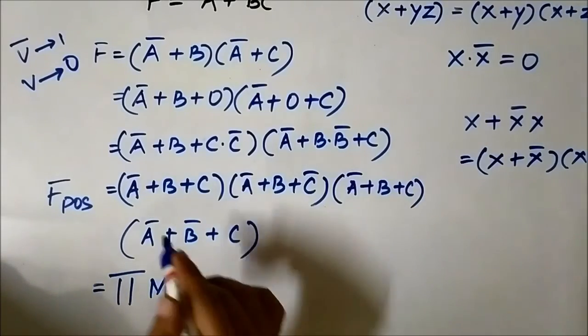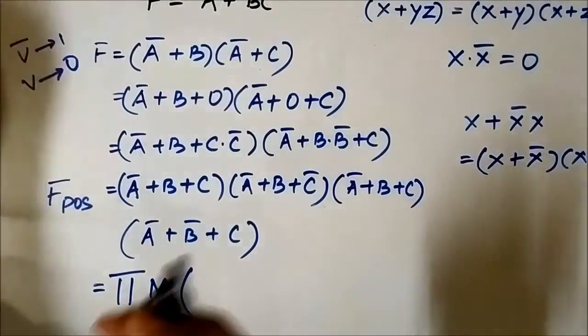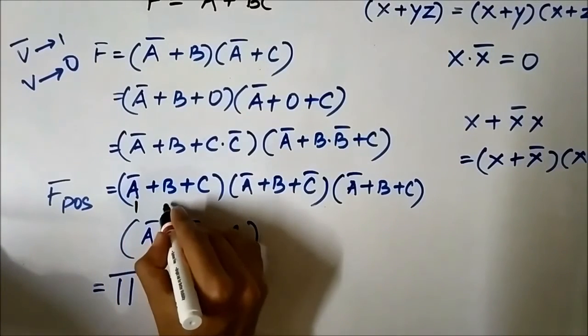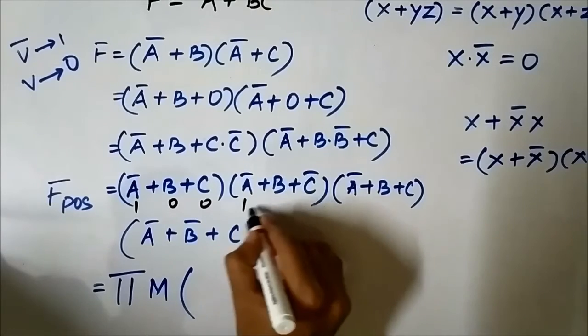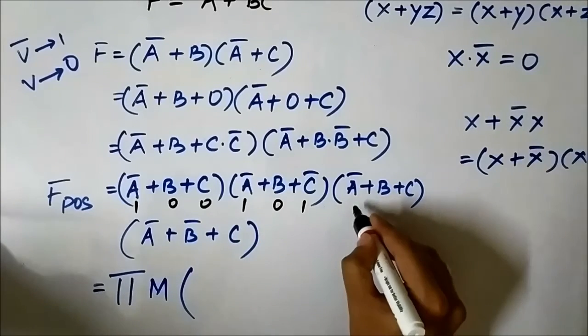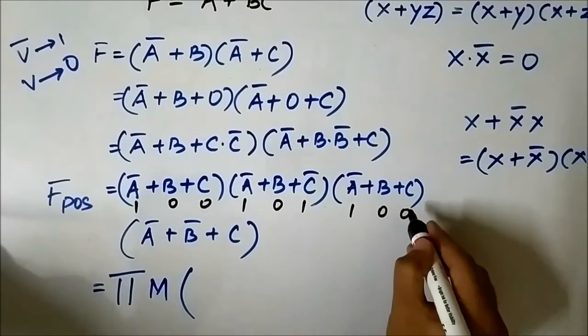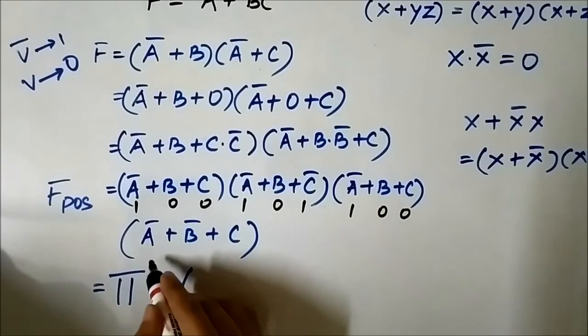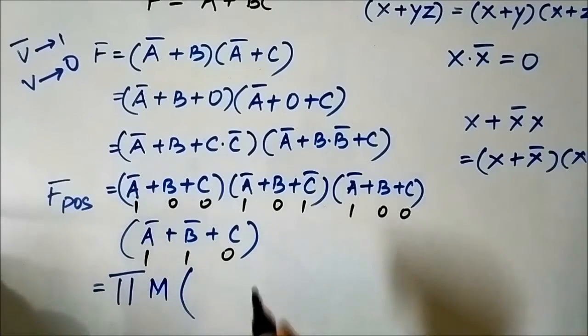So here it was 1 0 0, here it is 1 0 1, here it is 1 0 0 again, and here it is 1 1 0.